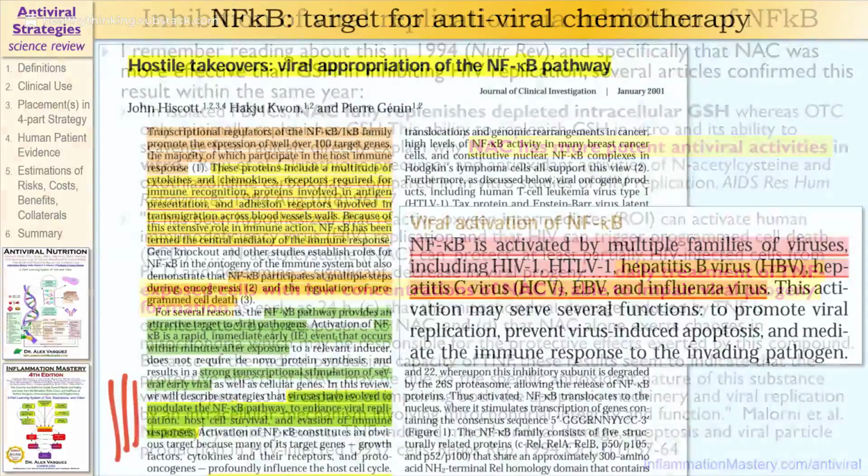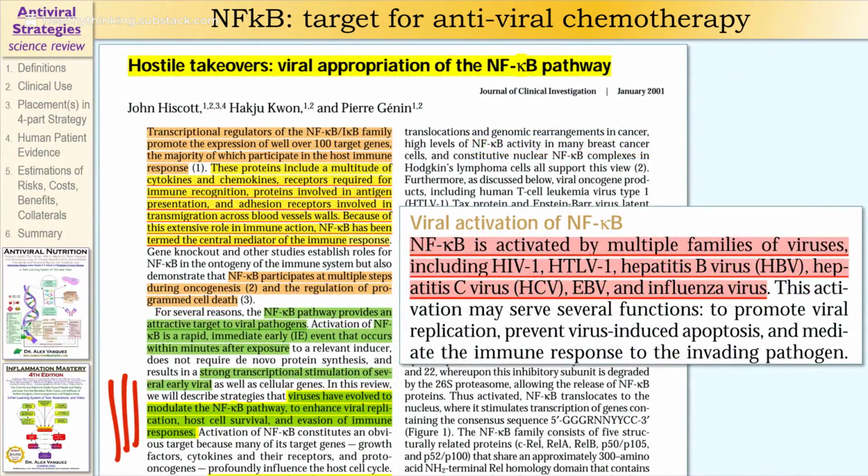A truly masterpiece article on this topic was written in January of 2001, as you can see here, from the Journal of Clinical Investigation: Hostile Takeovers, Viral Appropriation or Misappropriation of the NF-kappa B pathway. This article was written 18 years ago, and here in 2019, this article remains an absolute masterpiece on this topic.